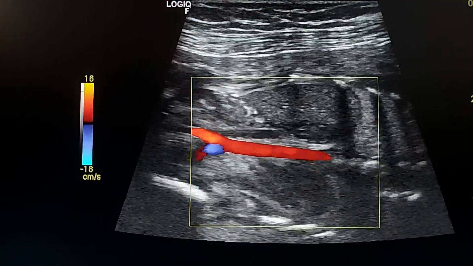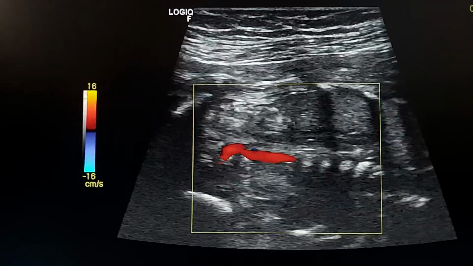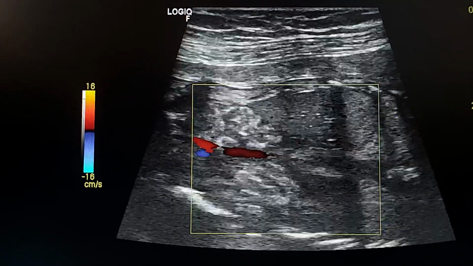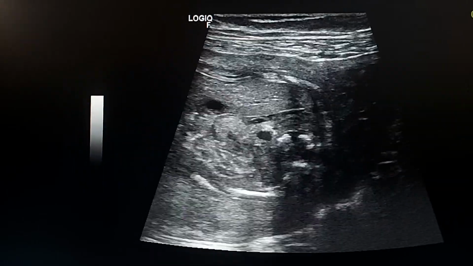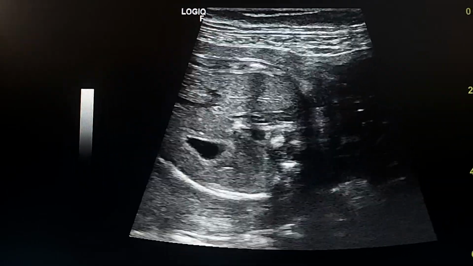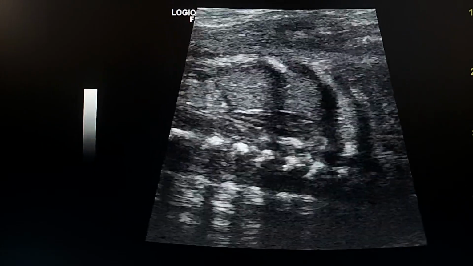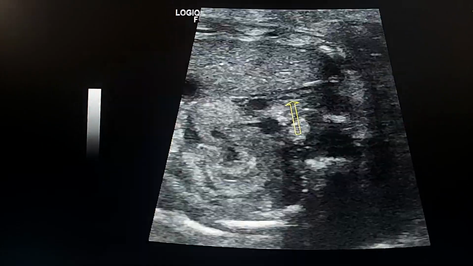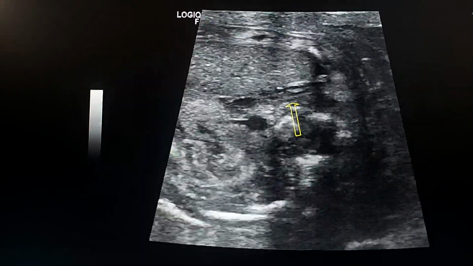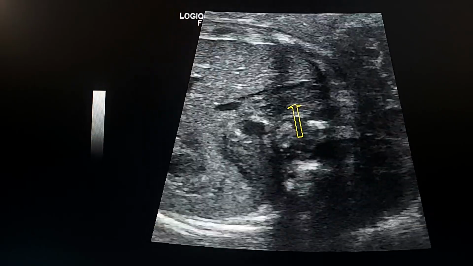No renal arteries by cross-section of the abdominal aorta. This is the right adrenal gland.